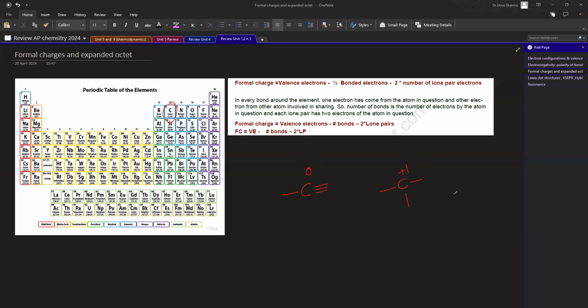Charge, you have to tell me plus or minus, okay? And if I give you something like this, then what's the formal charge on carbon? Isabella, you're not answering. I hope you're understanding everything. Okay. What's the formal charge here? Yes, -1.